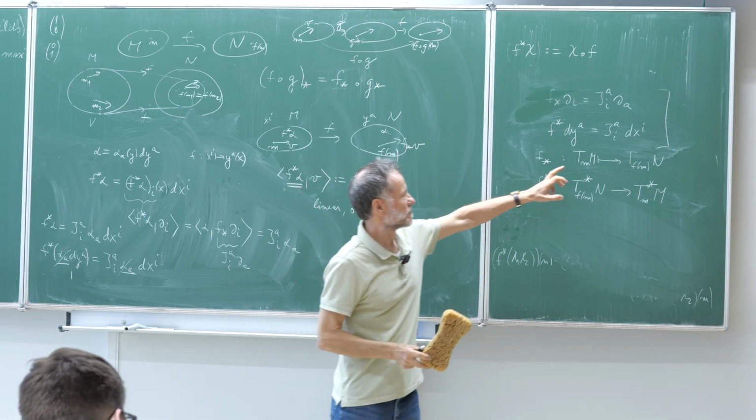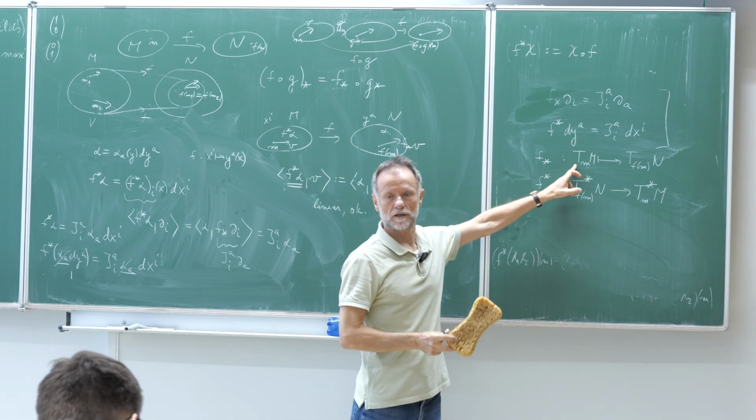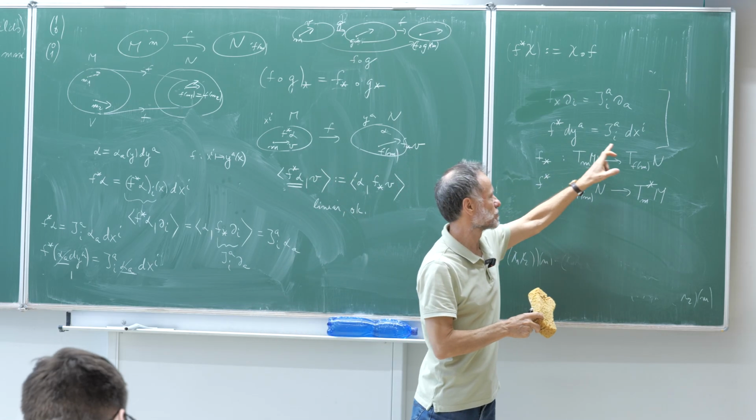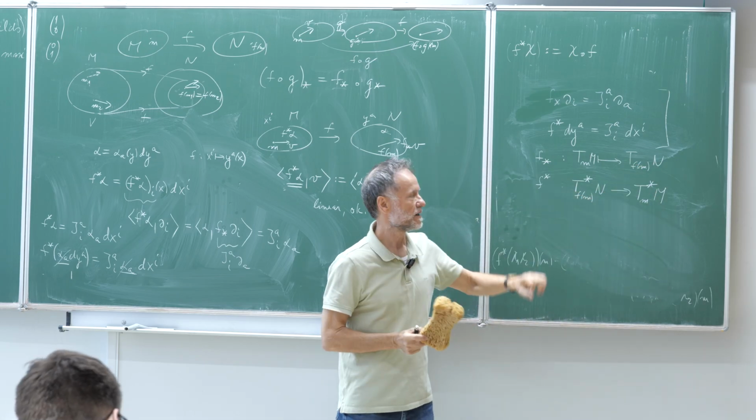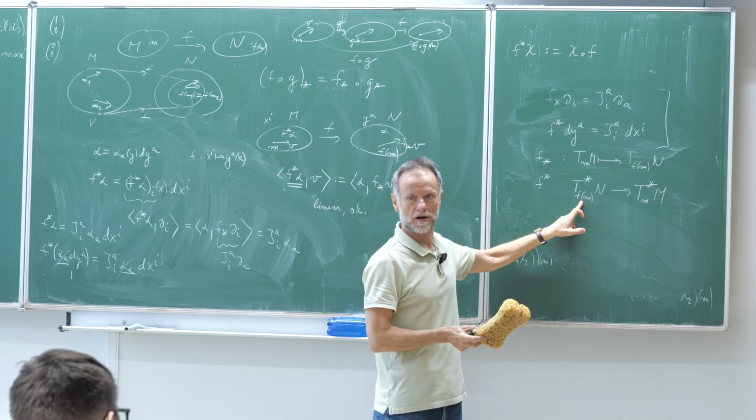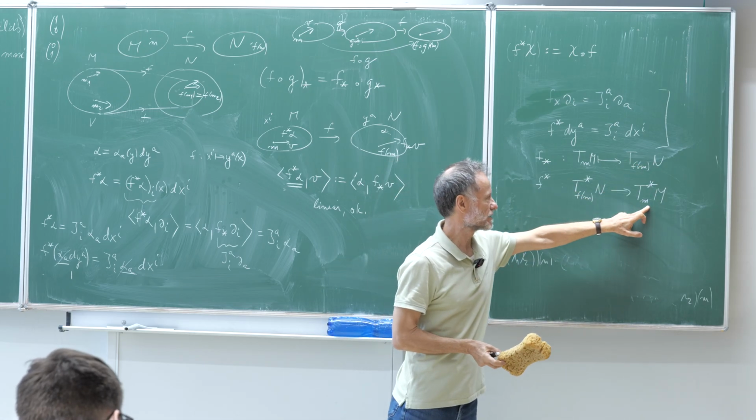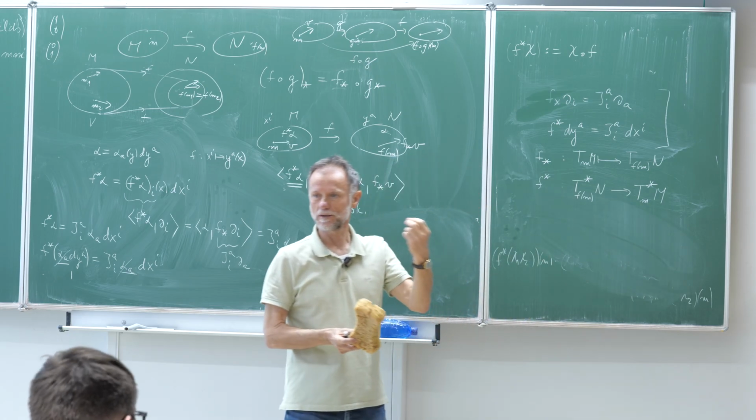So the vectors at the left-hand side go to vectors on the right-hand side. And here, the covectors on the right-hand side go to covectors at the left-hand side. They go back.